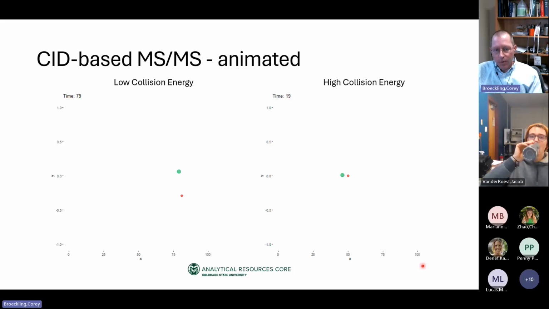Now, in this example, we've got two fragments. If this was one fragmentation, one of those fragments is likely to be charged and the other one is neutral. This could also be multiple fragmentations, and this is two ionized forms of fragment ions. But whenever you have one charge on a molecule, then only one of the products will be charged because you can't get multiple charges from a single.